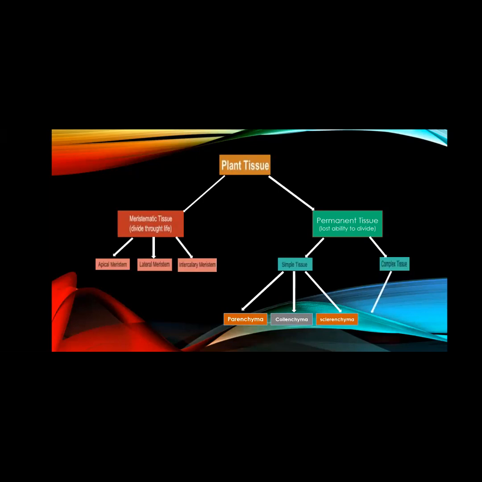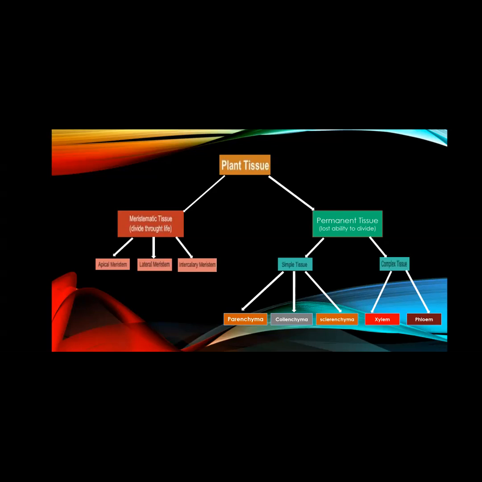In complex tissue, we have xylem and phloem. I hope students by now you have understood the difference between simple and complex tissue. Tissues which are made up of single type of cell are known as simple tissues, whereas the tissues which compose of more than two different types of cells are called as complex tissue.